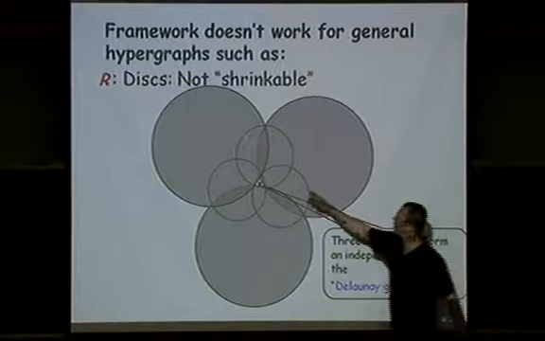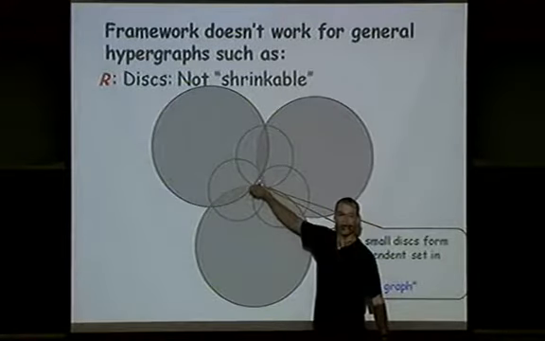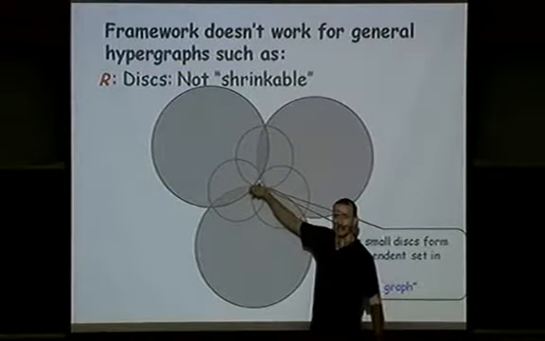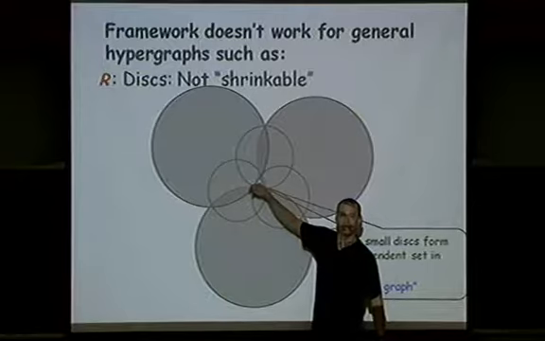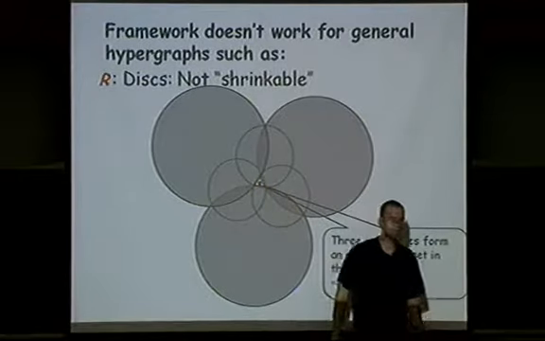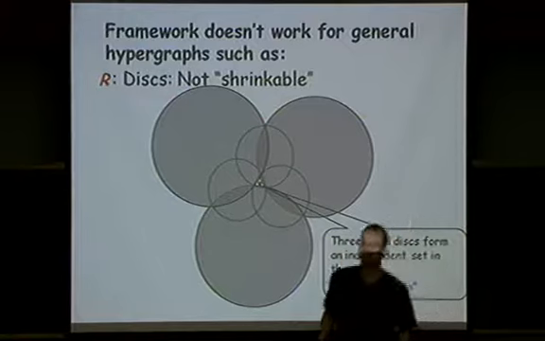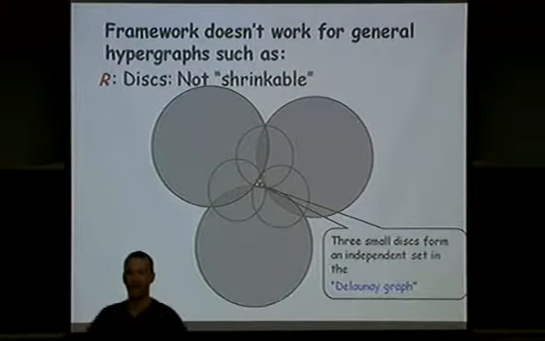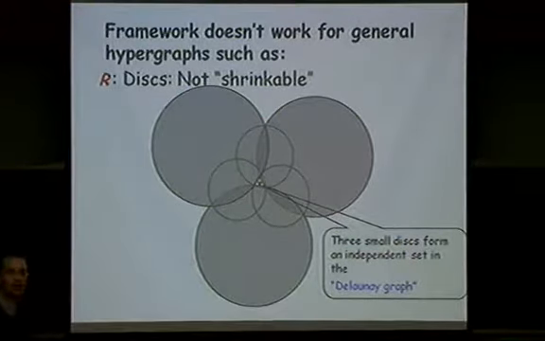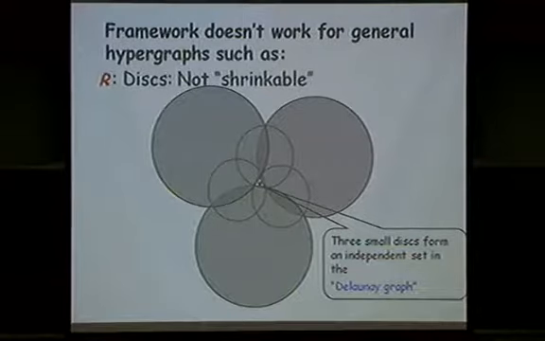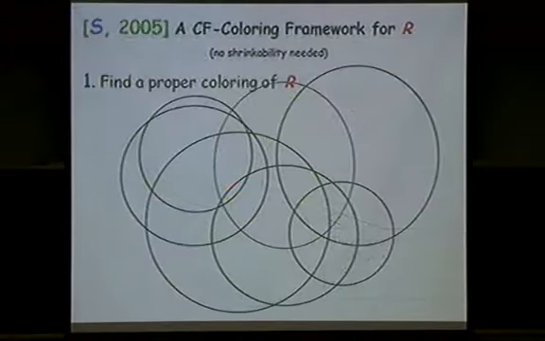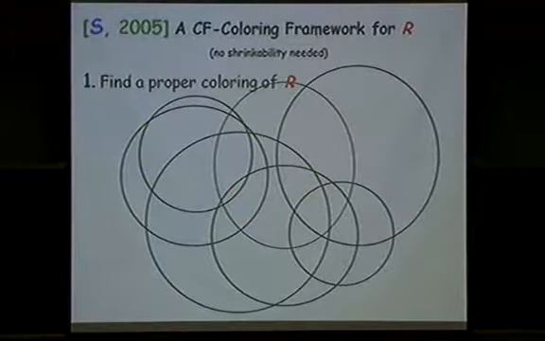If I color these 3 with the same color, this is a hyperedge for which all elements are colored with the same color. So the idea is simply not to take the Delaunay graph. Take the whole hypergraph, and instead of coloring the graph, we color the hypergraph in a non-monochromatic way, which is a stronger coloring. So here is the adapted framework.